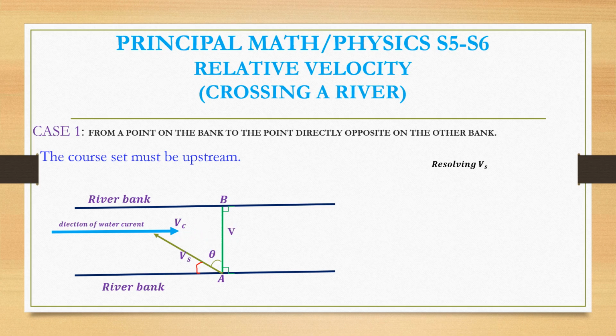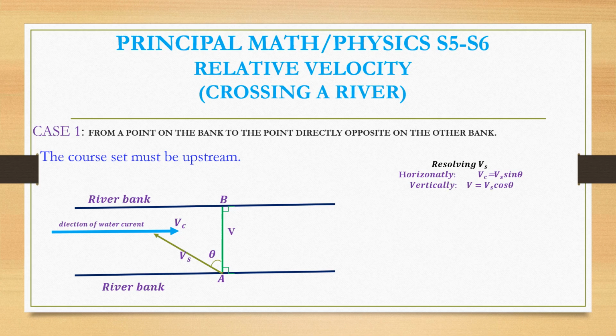So after realizing that, we now need to resolve the components of the velocity of the boat in still water. Check here, horizontally, Vc is equal to Vs sine theta, the velocity of the boat in still water times sine theta. We agreed on that one.